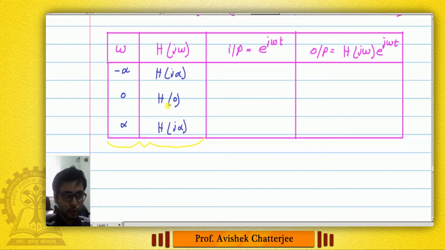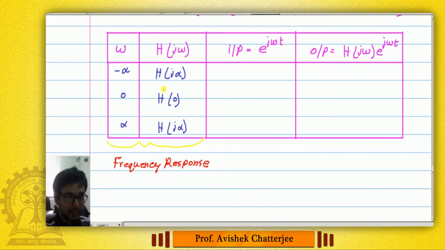So these two columns tell everything about a system, and this is called the frequency response. Basically, it tells me how the output or response will be for different input frequencies.